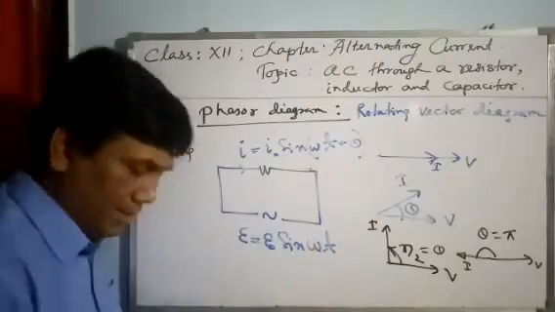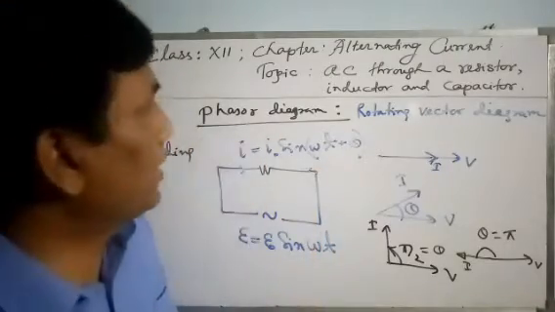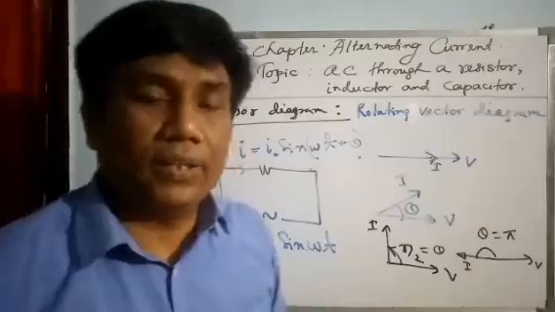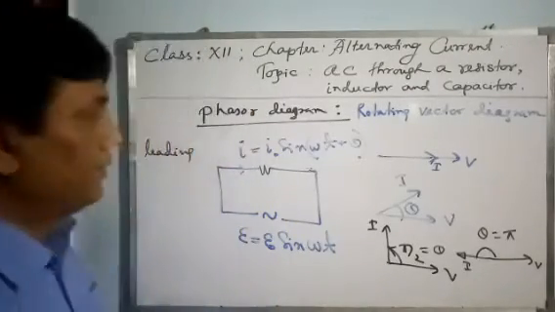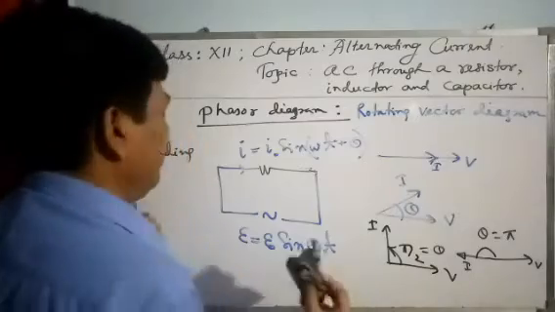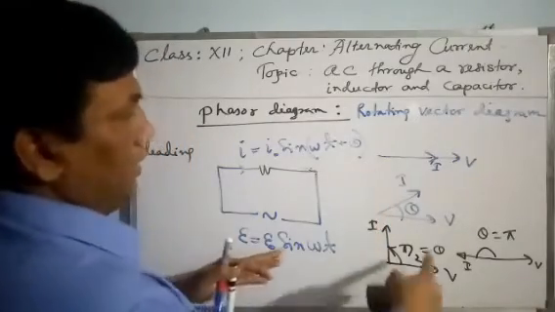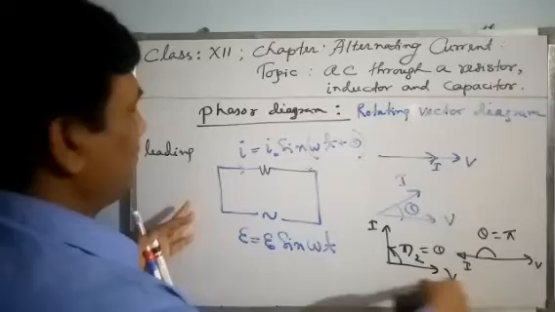If you want to write, please write down what a phasor diagram is. It is a rotating vector diagram of voltage and current. You can just roughly draw this figure also.